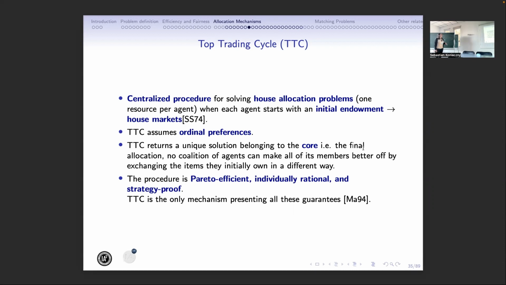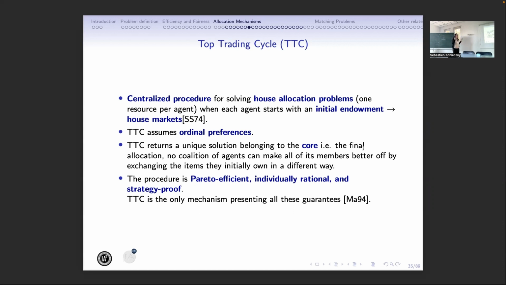In fact, it consists of problems where you have a set of agents, you have a set of houses, and you want to assign a house to each agent. Agents cannot share houses, and we want each agent to have a house.